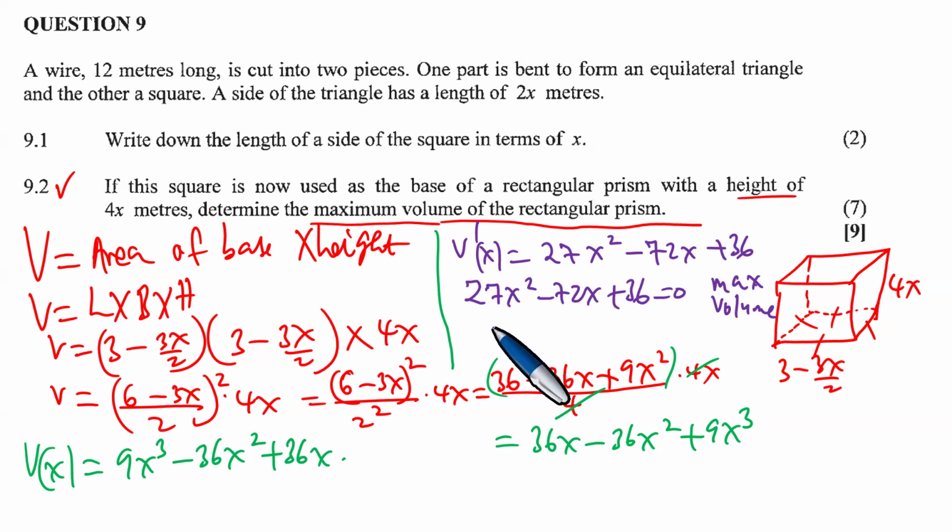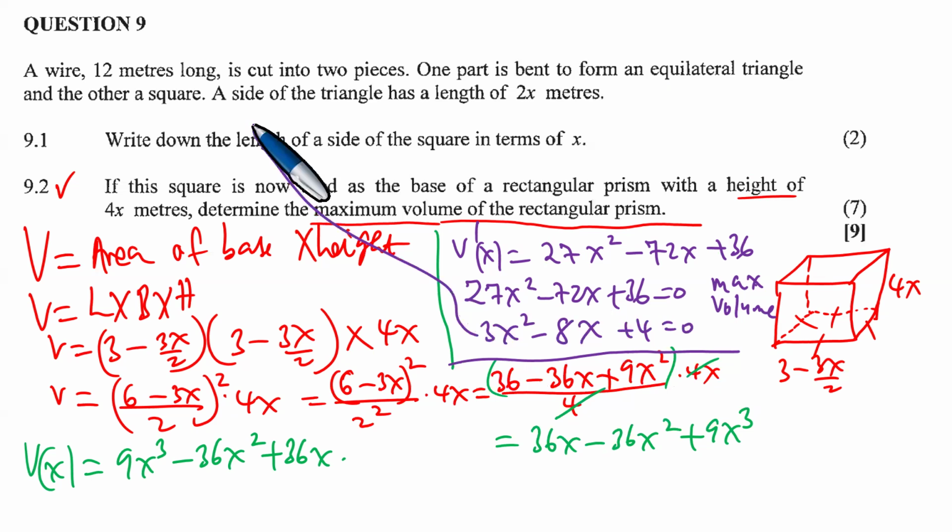You can divide through by a number. Let's divide through by 9. If you divide 27 by 9, you get exactly 3x squared. Divide 72 by 9, you get 8x. Divide 36 by 9, you get 4. So we have 3x squared minus 8x plus 4 equals 0.